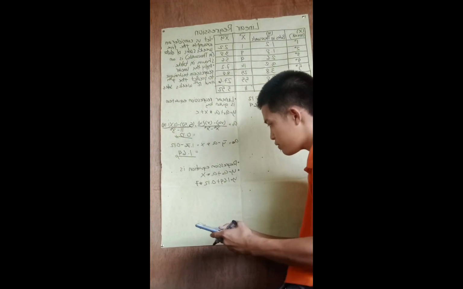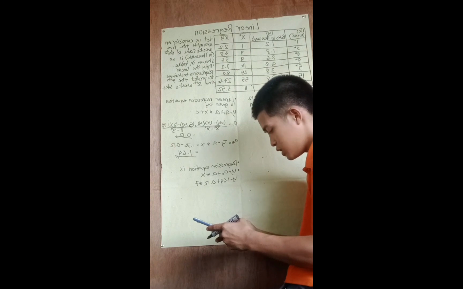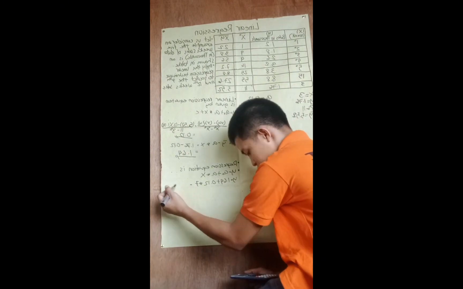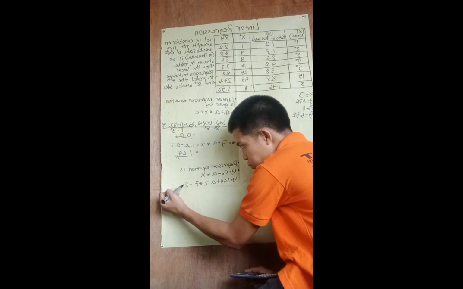So let us solve: 1.64 plus 0.12 times 7 is equal to 2.48.